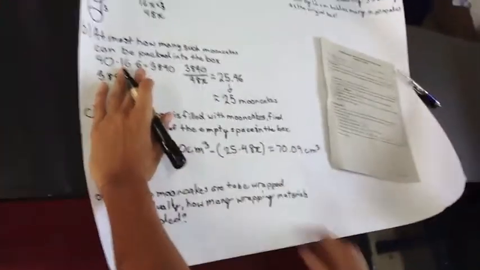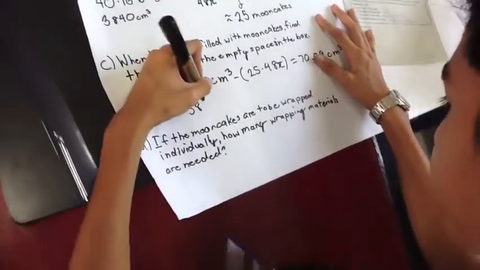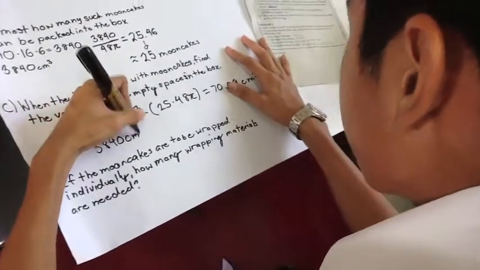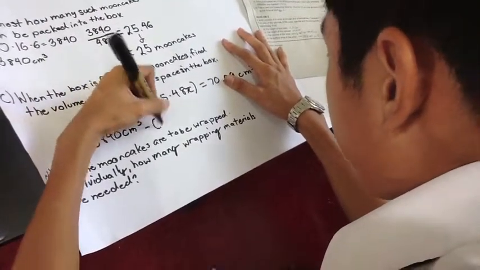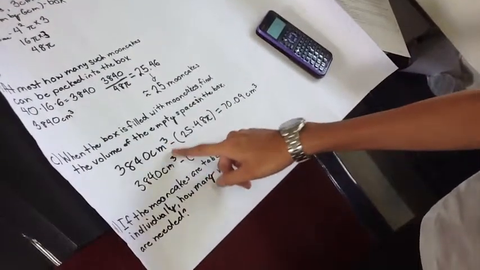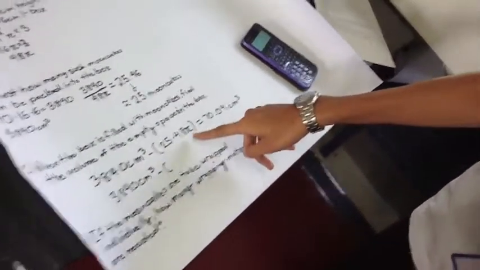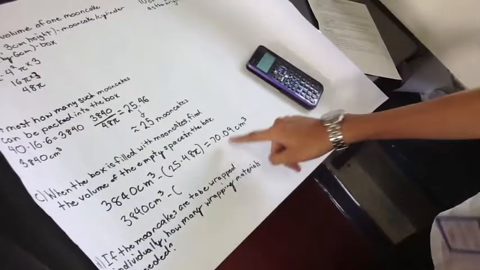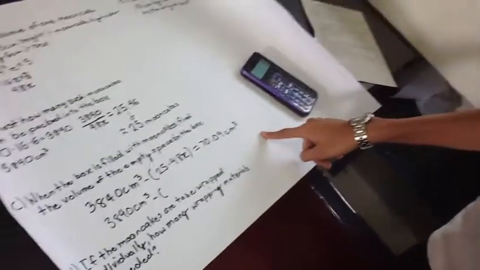As I will demonstrate to you, 35 times 48 pi, so 3,840 cm cubed minus 35 times 48 pi equals 70.09 cm cubed.